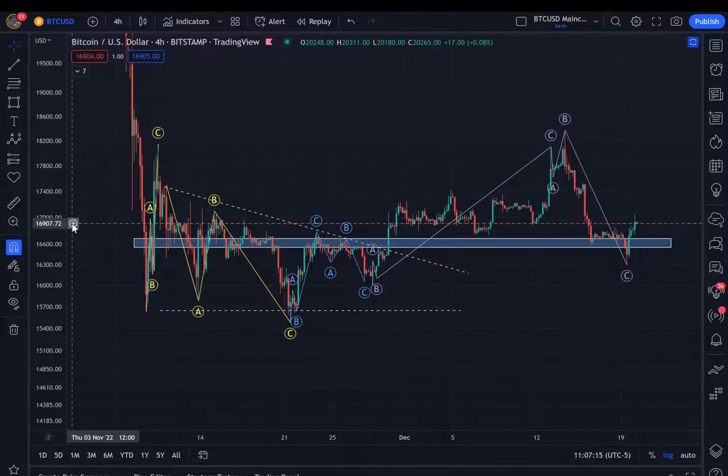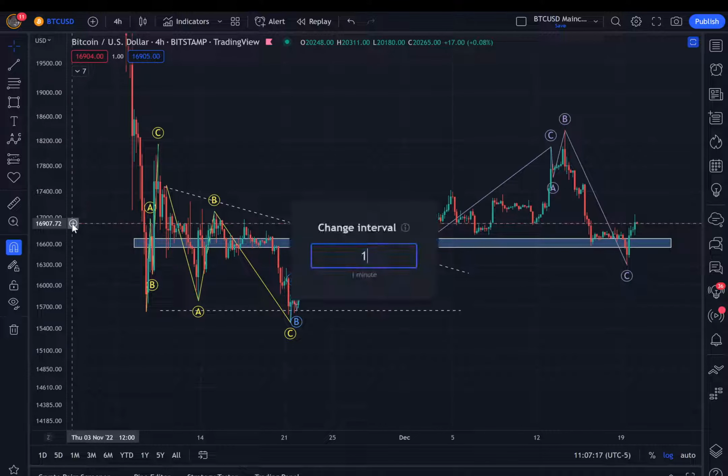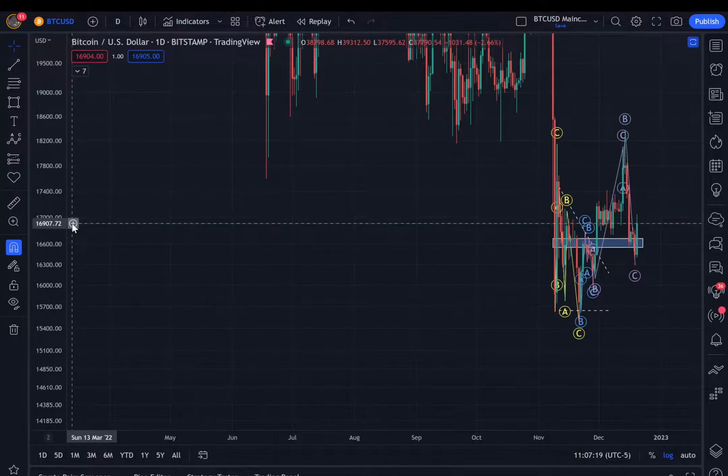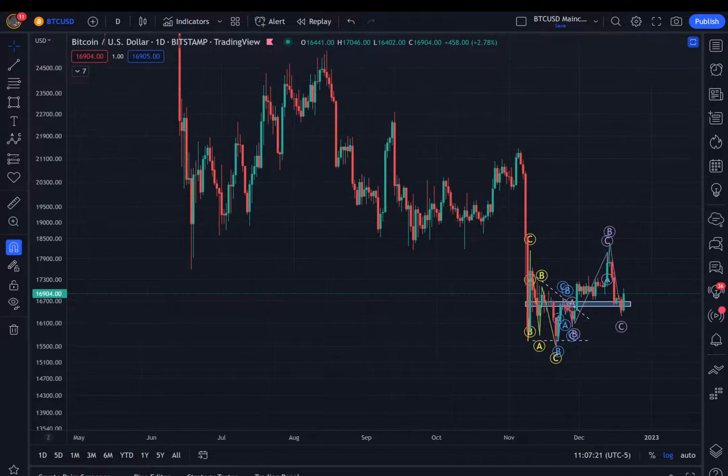Actually, before we do all this, guys, don't forget the context. I think a lot of people have forgotten the context. Some people are super bearish. They're still waiting for $9,000 or $10,000 Bitcoin or $5,000 Bitcoin or whatever. A lot of those people don't even know how to put the chart on logarithmic scale.